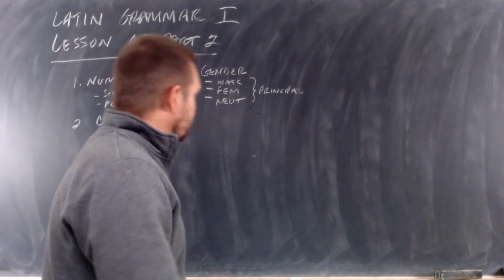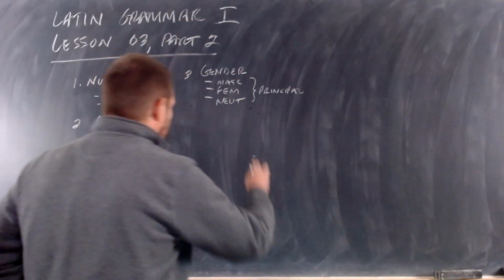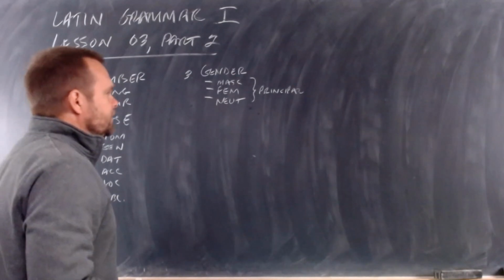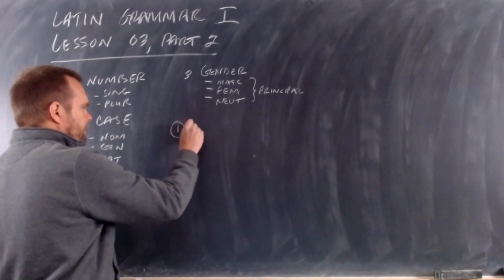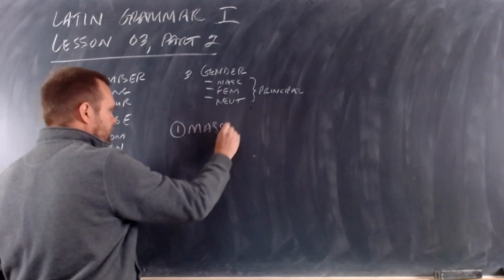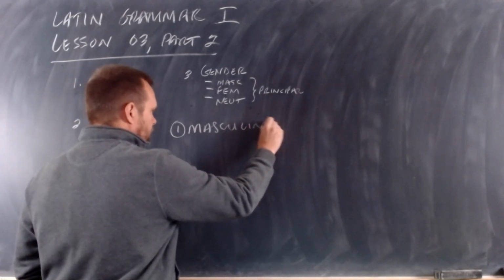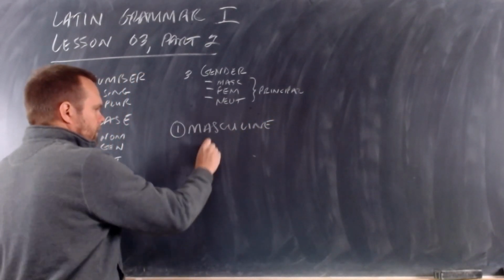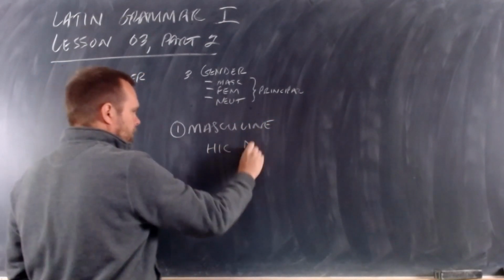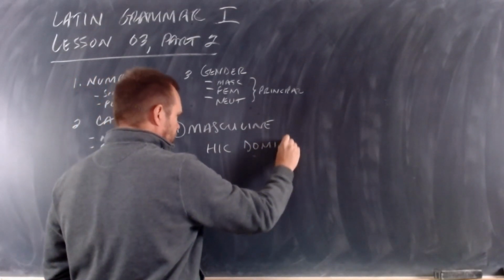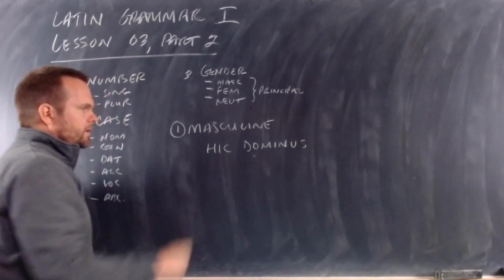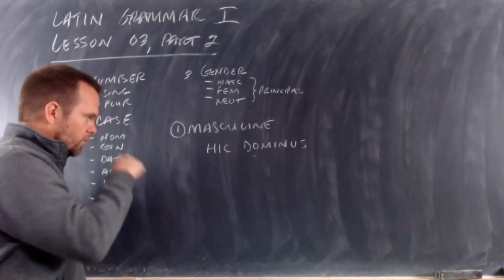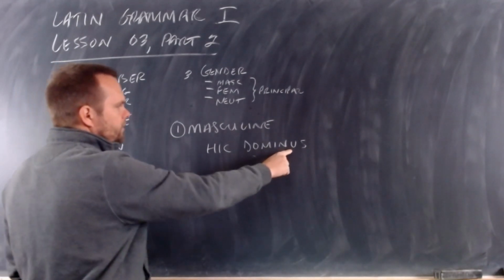Now let's just summarize this real quick. So we're taught that there are three principal genders. The masculine, such as hic dominus, and that means the Lord. Dominus means Lord. Dominus is masculine.